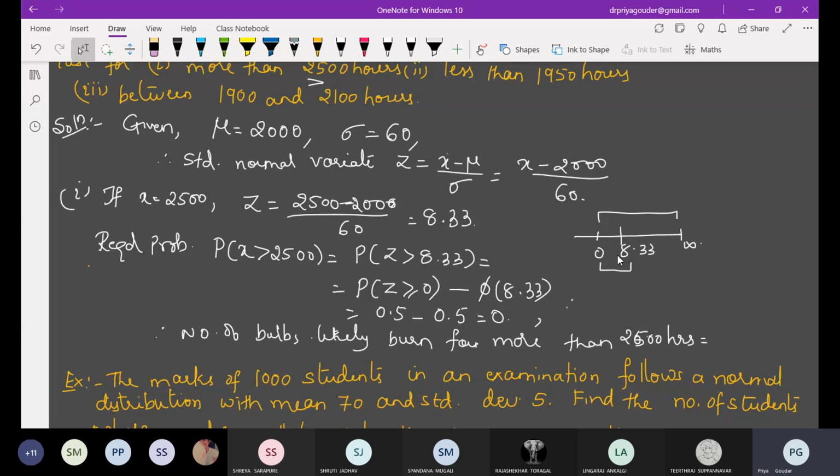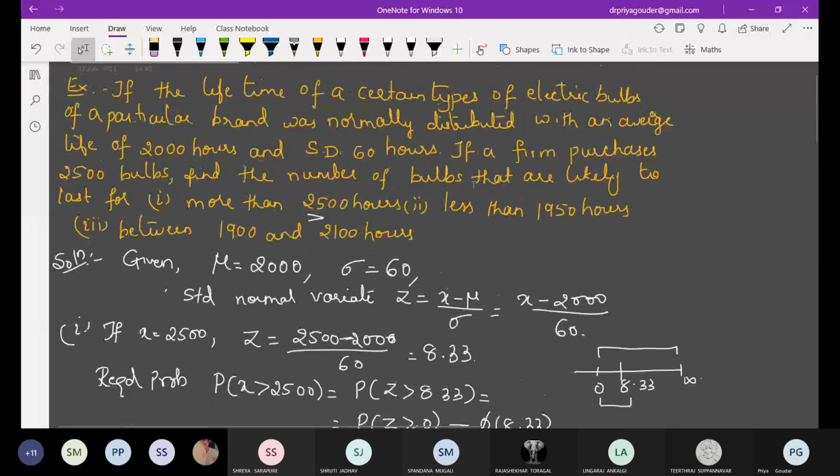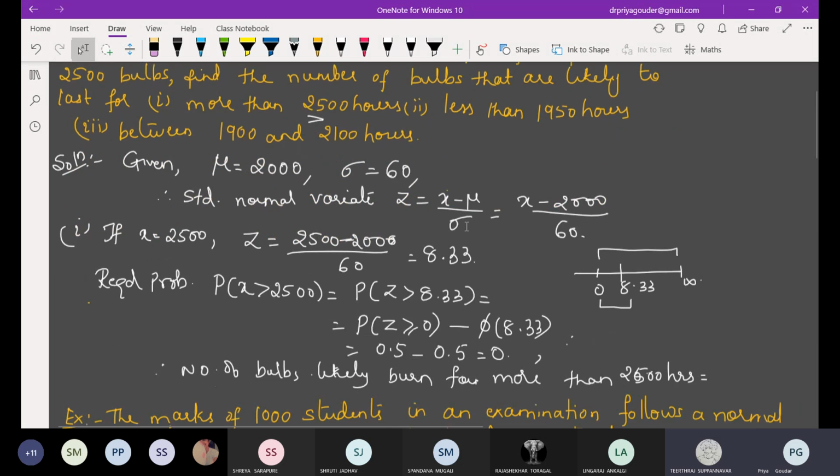So if you multiply by 2500, how many bulbs are there? There are 2500 bulbs.